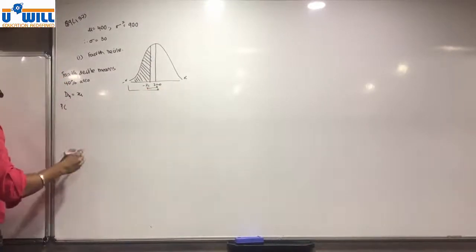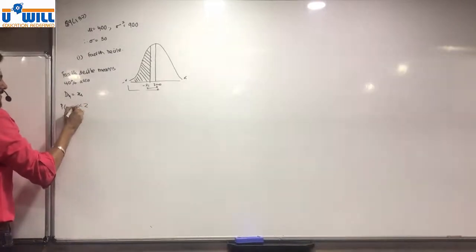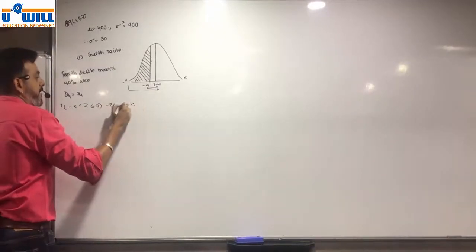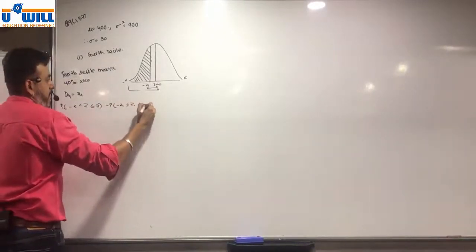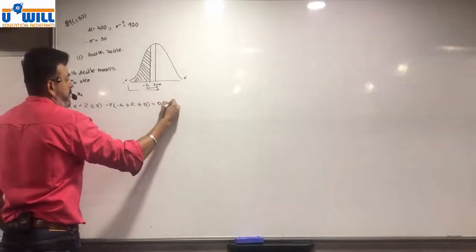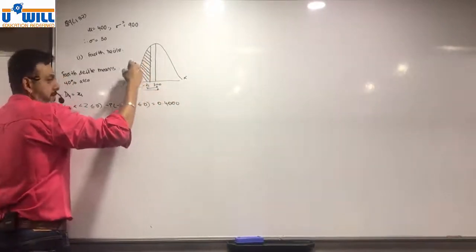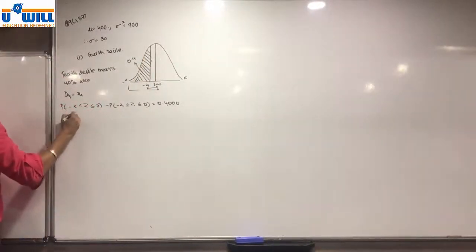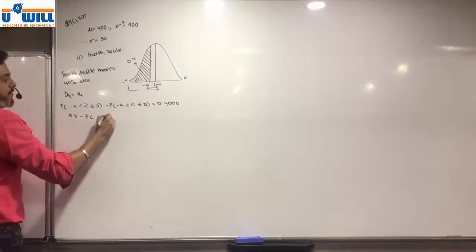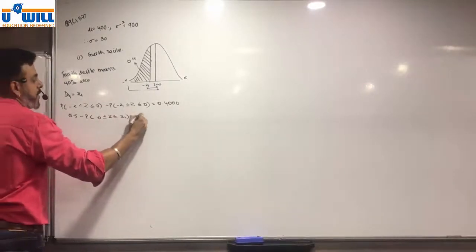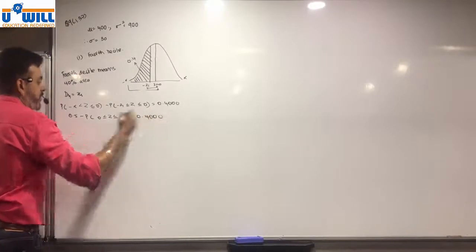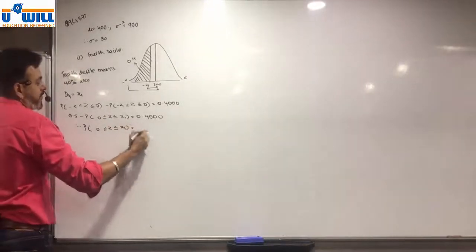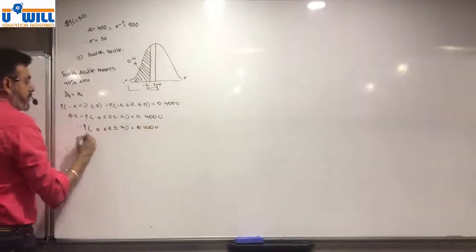So probability of Z greater than minus infinity and less than or equal to 0, minus probability of Z greater than or equal to minus Z1 and less than or equal to 0, is equal to 0.4000, because fourth decile is 40% area, 0.4. Now this is 0.5 minus probability of Z between 0 and Z1 equals 0.4000. Therefore, probability of Z between 0 and Z1 is 0.1000.